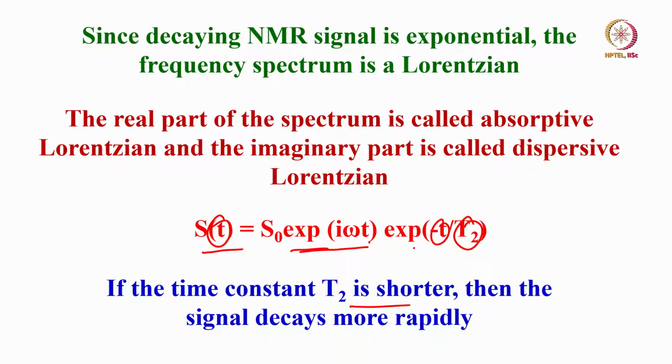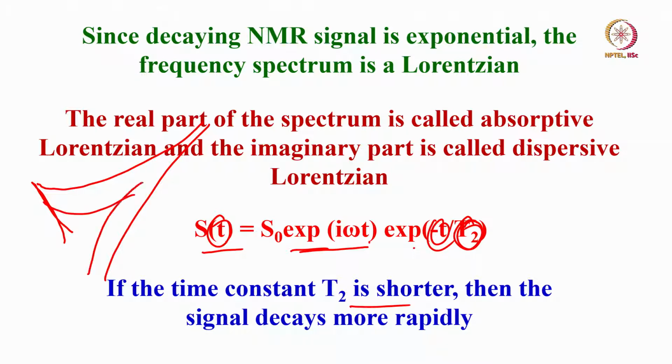In the NMR spectrum, what is going to happen? If the signal is decaying very, very slowly like this, that means your spectrum is very, very sharp. It is a Lorentzian like this with width very, very small. On the other hand, if the T2 is short, which is in the denominator of this exponential, then this becomes larger value, so the signal decays very fast like this.